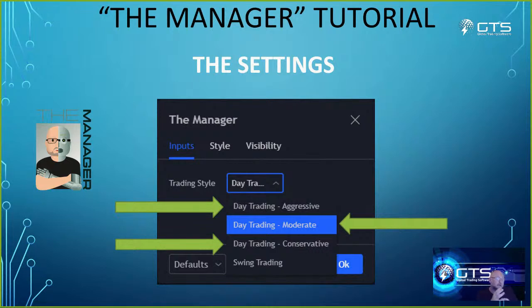With the conservative strategy, especially if it's just inching up or inching down, depending on the direction of your trade, you might want to give it a little bit more room. And also we have a swing trading setting for when we're swing trading. We'll go into each one of those, and then we'll go into how to adjust those when you're in a trade and certain things happen.